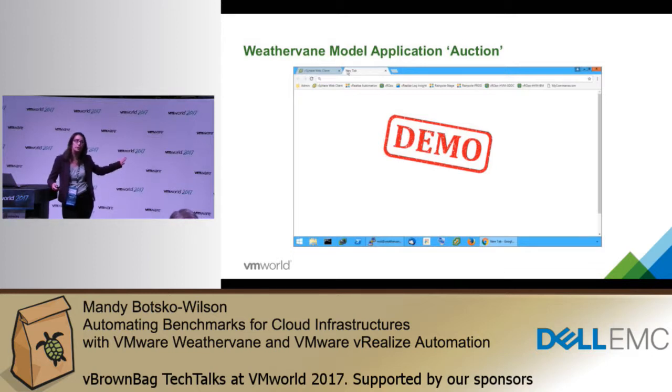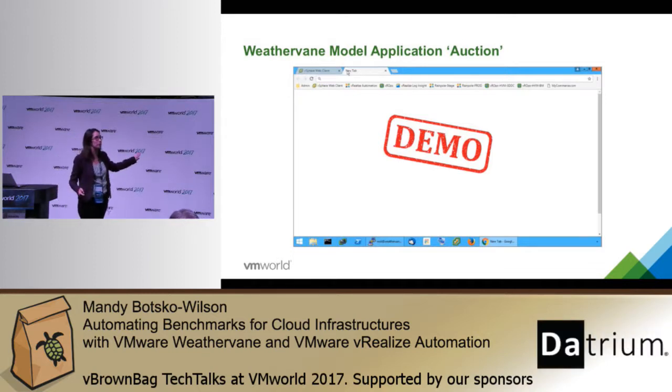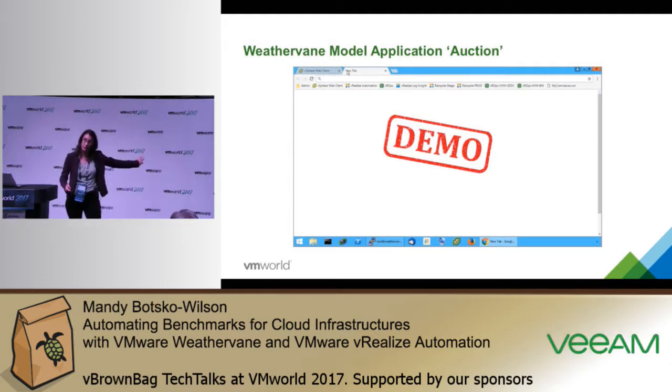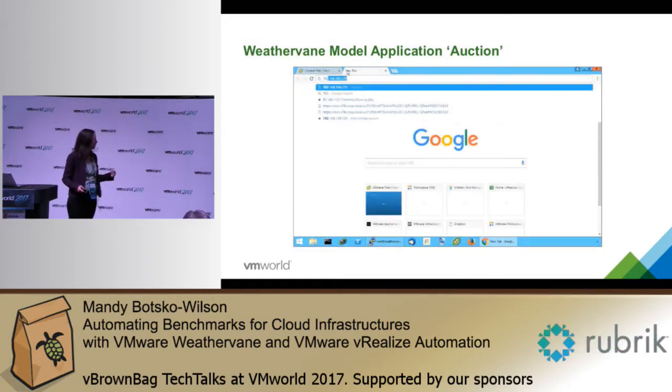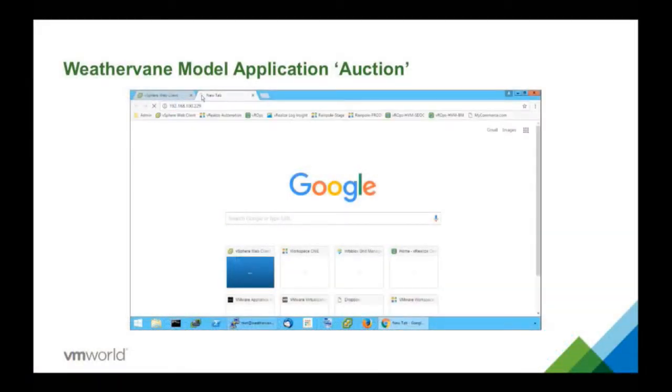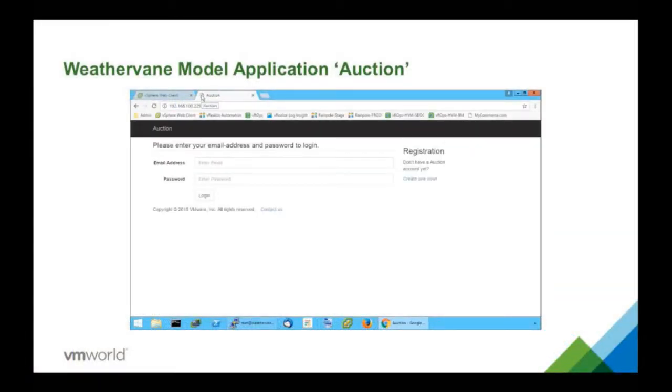This application doesn't run unless you're actually running a test. So as you run Weathervane and it's running the run harness, it brings this up and then you can see what it looks like individually if you want. Although normally, you probably wouldn't do that. But if you want to take a look at it, it is actually there. I had set this up in the next demo that you'll see, and I have it up and running.